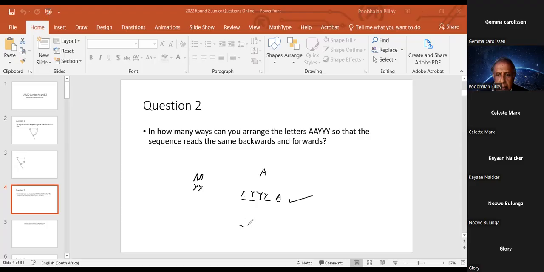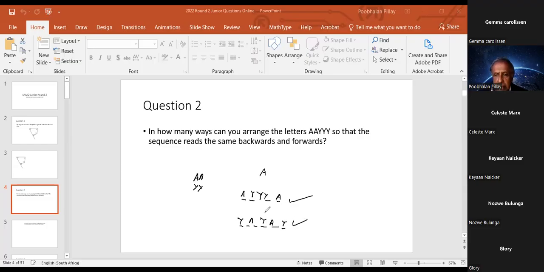Okay, so let's try to put Y in the beginning and see what happens. Remember, Y is the middle. If you put a Y here, then Y also goes here. So now all the Y's have gone. There are only 3 Y's. So you've got no choice but to put the 2 A's here. And again, this reads backwards and forwards.